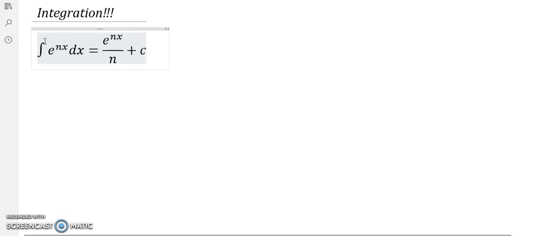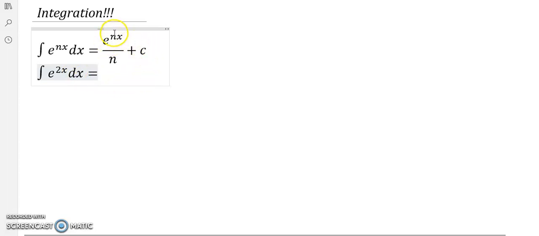Alright, let's take a few examples. We've got the integral of e to the power 2x dx equal to, however, we know that the value of n here is nothing but 2, meaning that we can write it in this format.